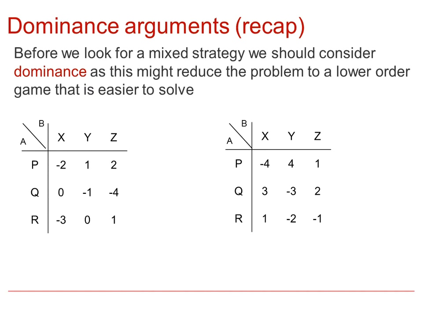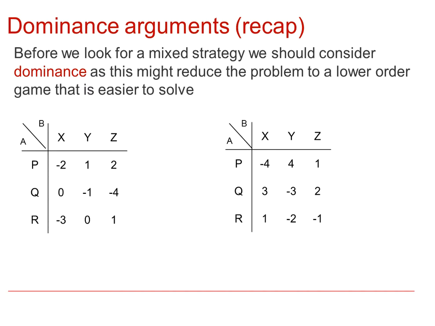Let's start with the rows. If we compare P and Q, we can see that -2 is worse than 0, but 1 is better than -1. So for P and Q, there isn't going to be a dominance argument. However, if we compare P and R, we can see that -2 would be better than -3, that 1 is better than 0, and 2 is better than 1.